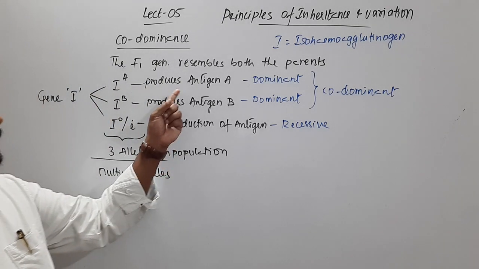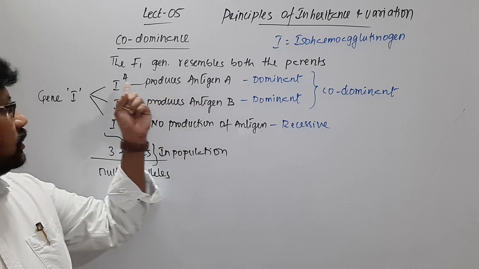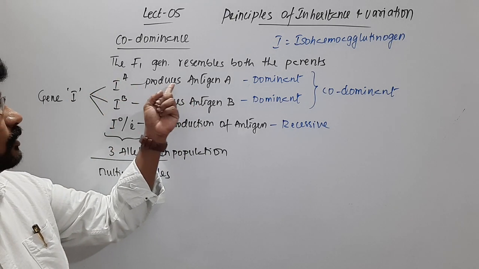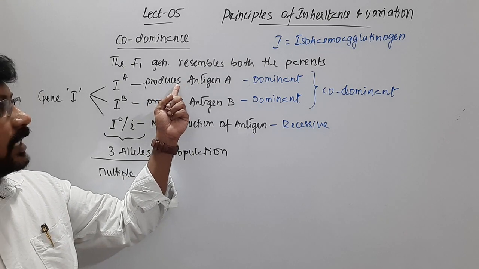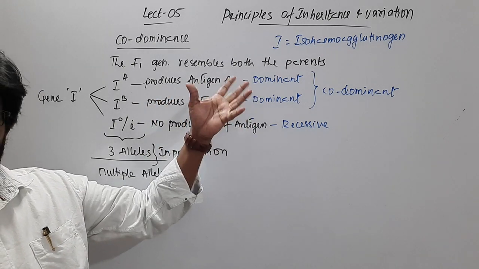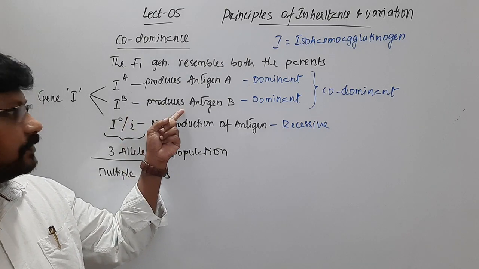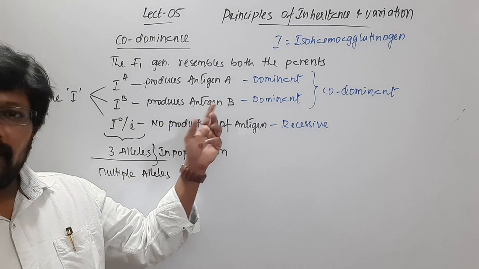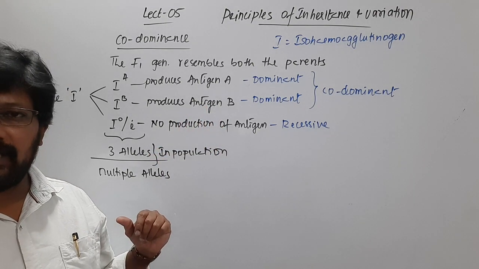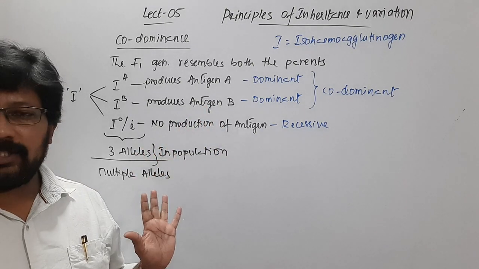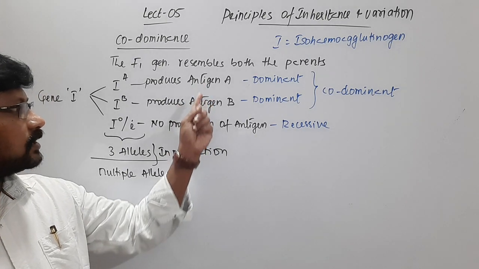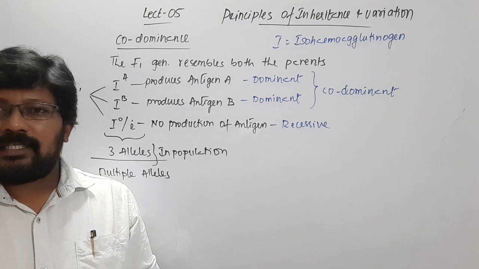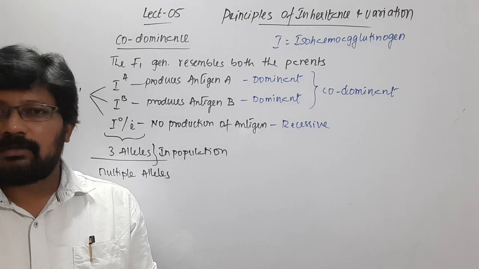So here the gene I, if it produces antigen A, then the person's blood group is A. If the person's RBCs have antigen B, then his blood group is B. And if no antigens are present, either A is not present or B is not present, then the condition becomes O blood group.